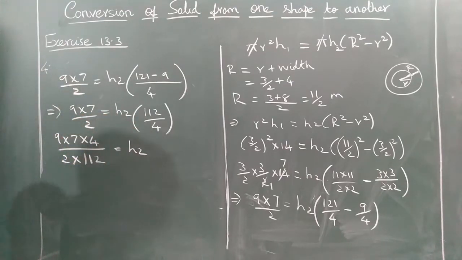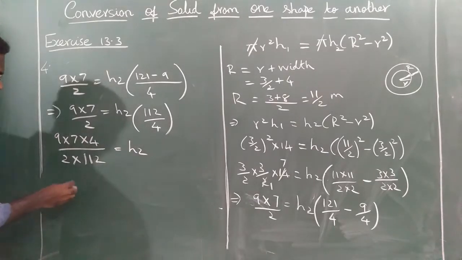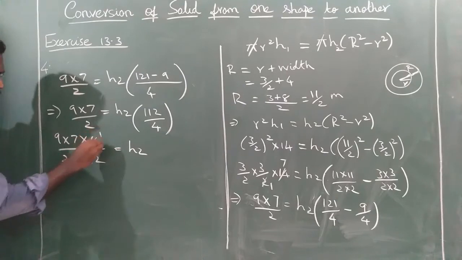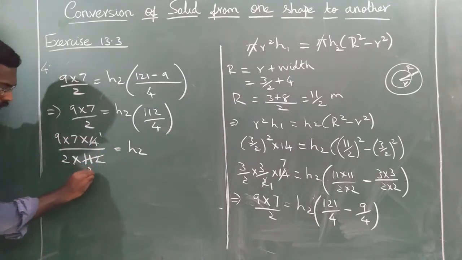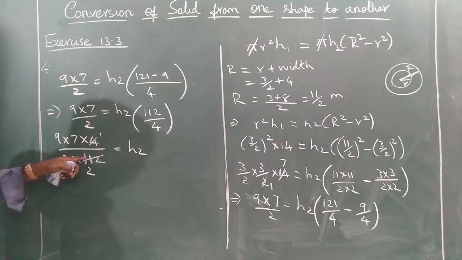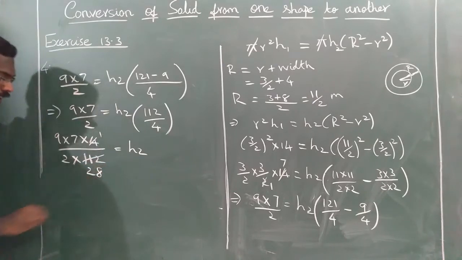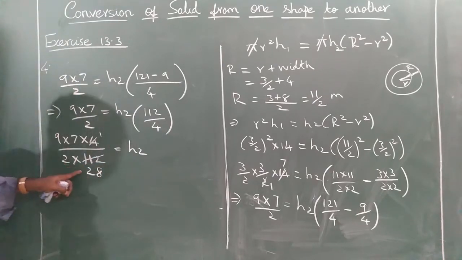So now we simply need to cancel this. How will we cancel? So this is 4. 1 4 is 4. Here in 11 how many times is 4 there? 2 times. 2 4s are 8. Remaining 3, 32. 8 times 4 is 32. So 28. Then anything else?